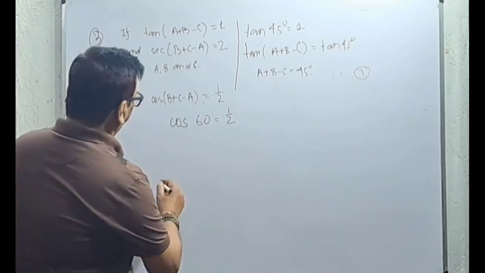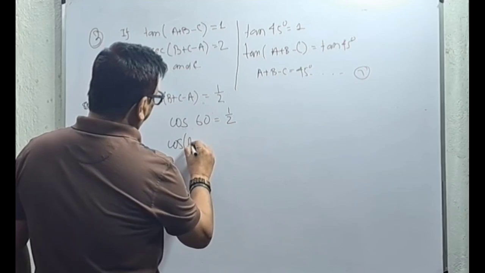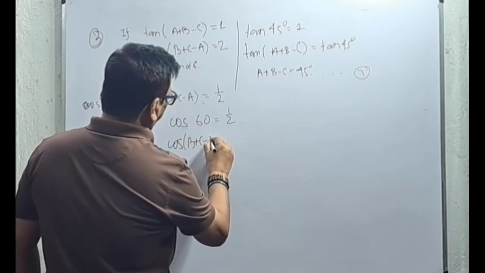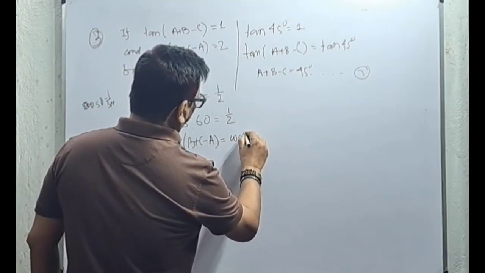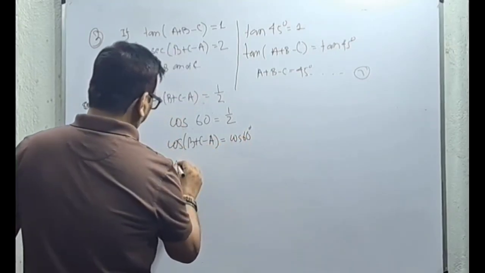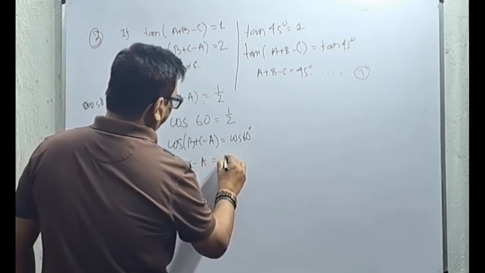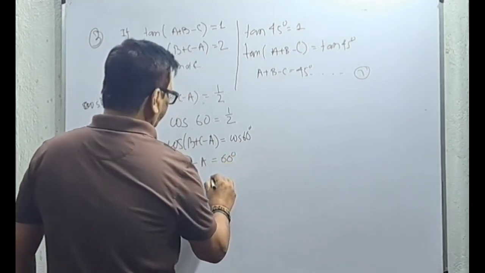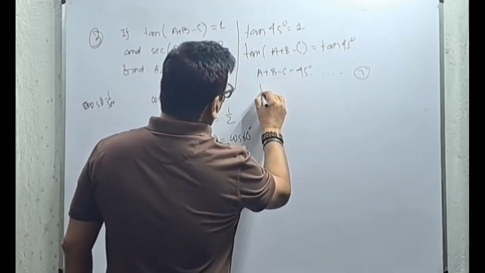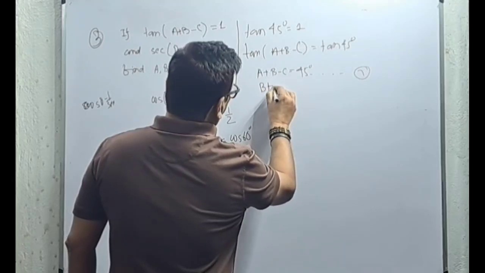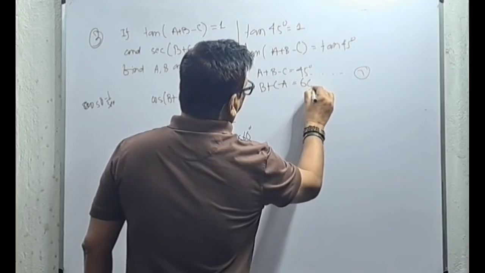So here we can write cos (B plus C minus A) is equal to cos 60 degree. Therefore, B plus C minus A is equal to 60 degree. So this is equation number 2. We write this below. B plus C minus A is equal to 60.